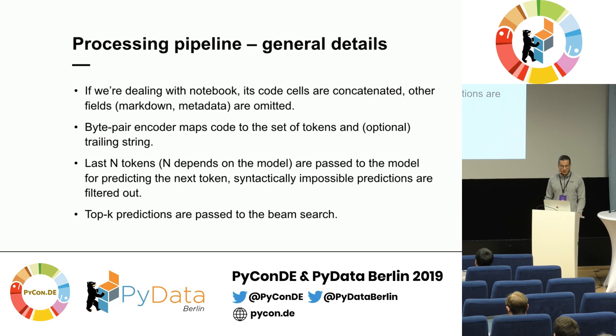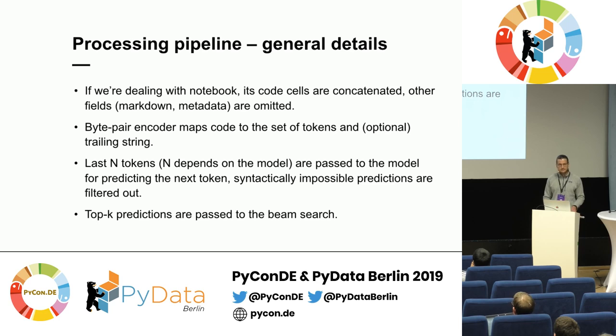Concerning the pipeline, we are dealing with notebooks, and at the first step we just merge, join all the cells and filter out markdowns, images, and metadata from the Jupyter notebooks. Then we use byte pair encoding for data compression, and we use the last n tokens with different variety to feed the model for predicting the next token.